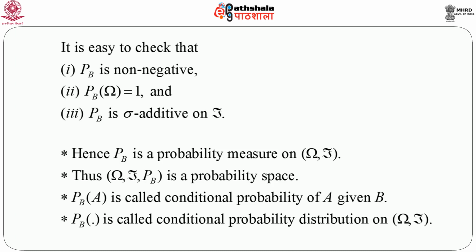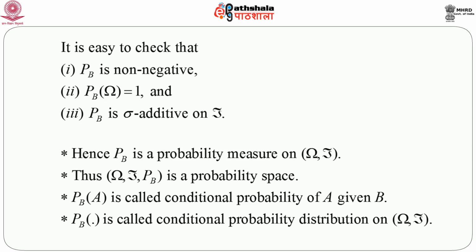First, P_B is non-negative, which is obvious from the definition, and P_B of omega is 1, which is again obvious, because we have defined the P_B measure by normalizing, that is, dividing by probability of B. And a little bit of very simple mathematics will ensure that P_B is sigma additive on script F. That means it ensures that this is a probability measure. Now everything is coming from omega, F, so P_B is a probability measure on omega, F.